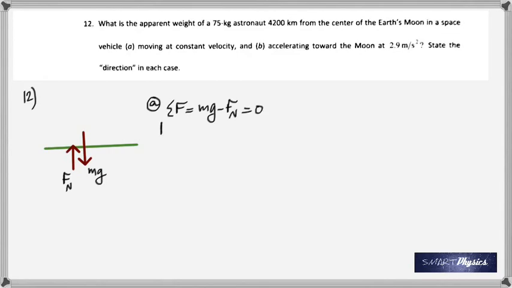The net force is equal to 0. Why? Because in the first part it's moving at constant velocity, and that means the acceleration is 0, therefore the net force is 0. So Fn is equal to mg, which is G big M little m divided by r squared.